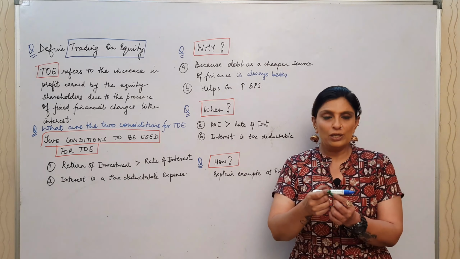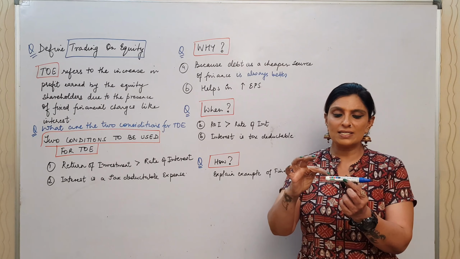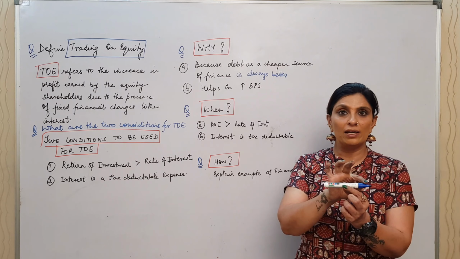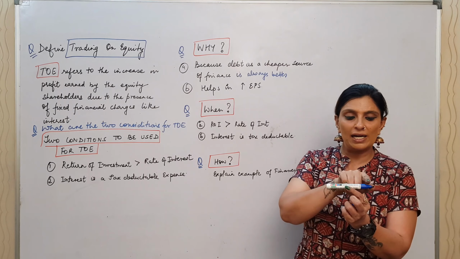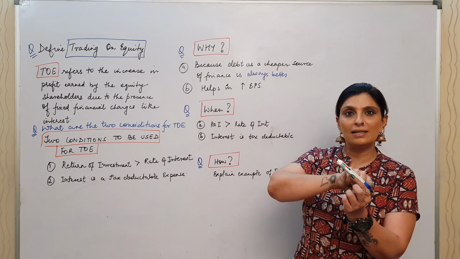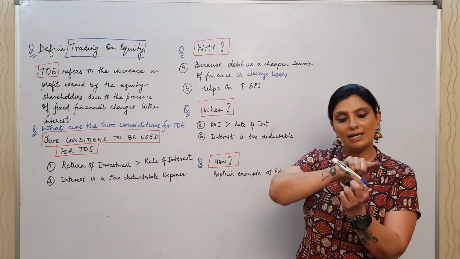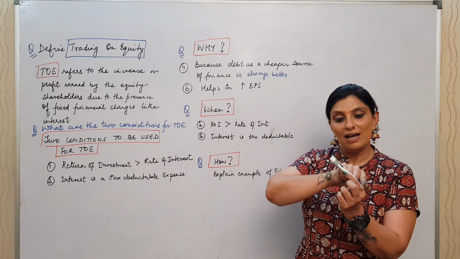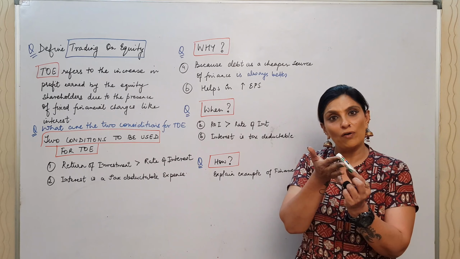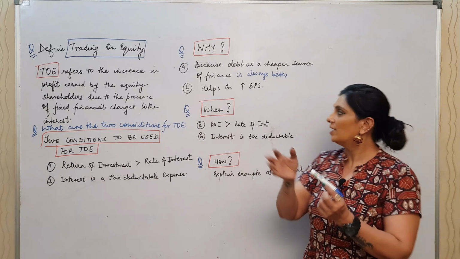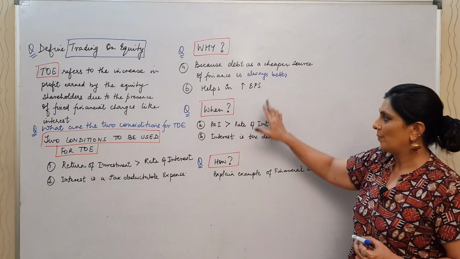Like I told you, you see a seesaw. Whenever on this side you have equity, on this side you have debt. So whenever you use debt, there will be an increase in earning per share like this. Debt works as a lever to increase the earning per share of the equity shareholders. So it helps in the increase of earning per share.